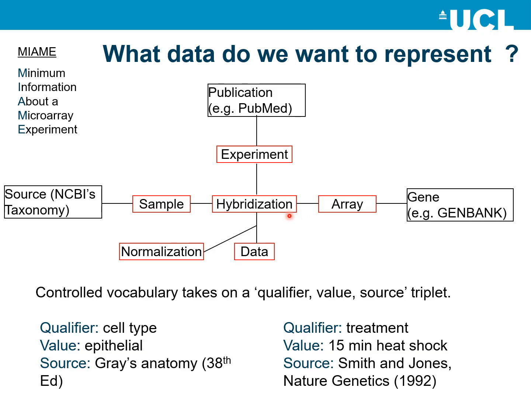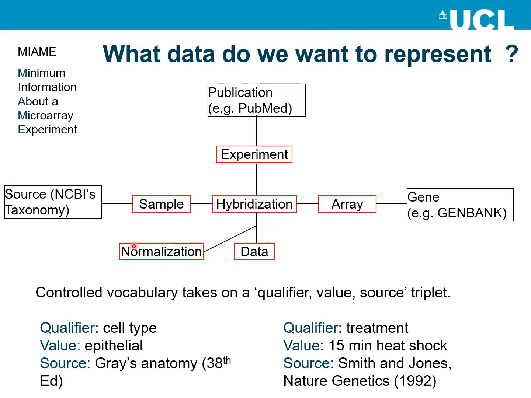Once they're carried out and the microarrays are scanned and the spots are segmented out and the intensities are integrated to get quantified values of the intensity of each spot, then we have to, as we've described in the previous lecture, worry about normalization.